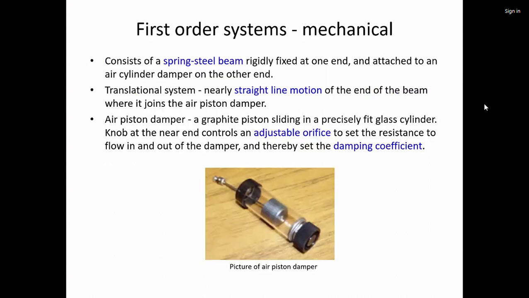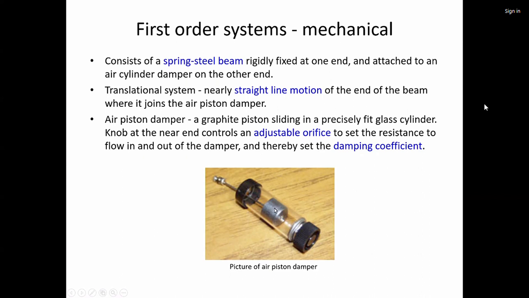So the first system is an air piston damper. Okay, so this is an image of an air piston damper. So typically, this is basically a spring steel beam, and it is attached to a cylinder here.